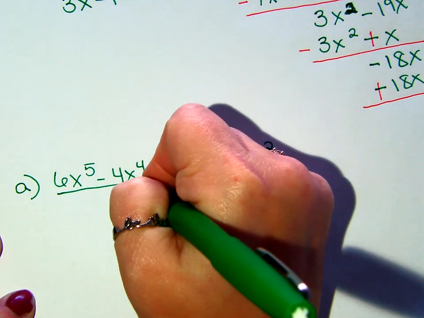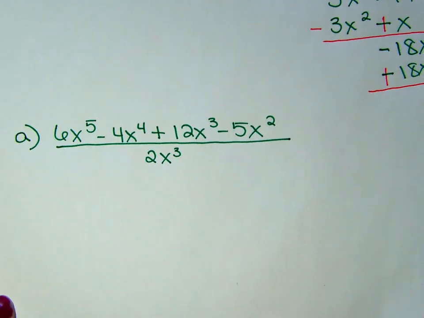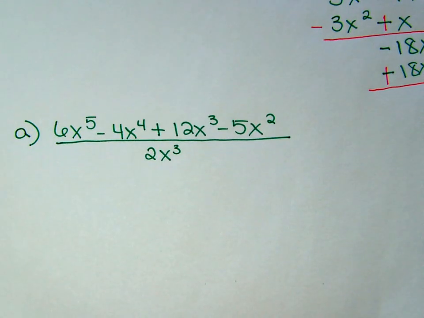But I wanted to do at least one of these because obviously we have a larger polynomial. This one has 4 terms, and it starts with x to the 5th, goes to x squared. It does not have an x term or a constant term.